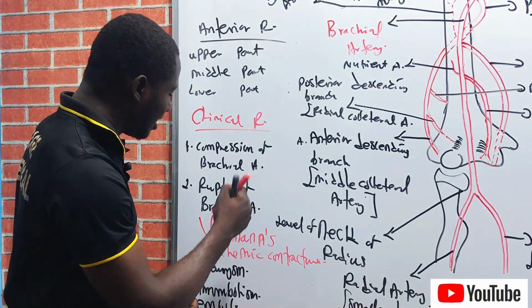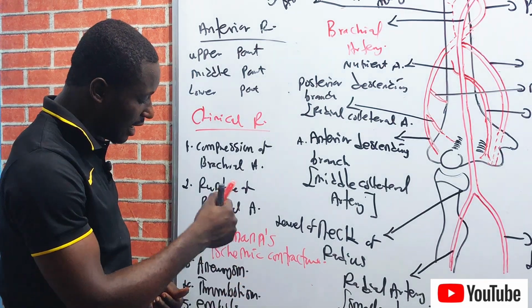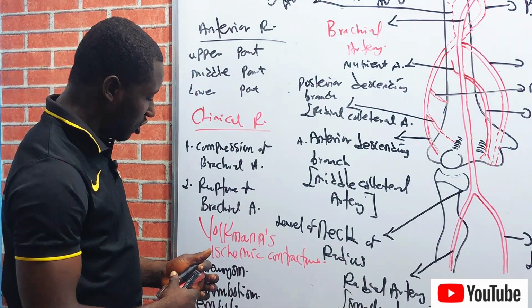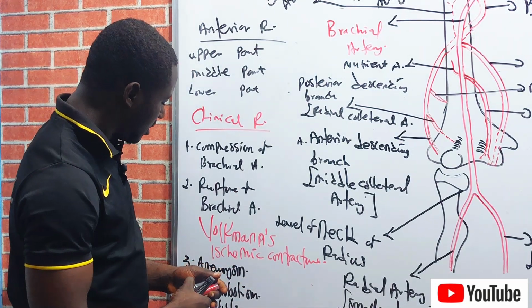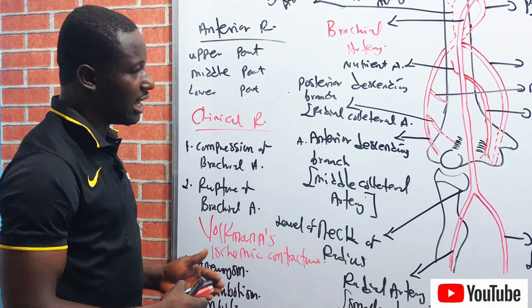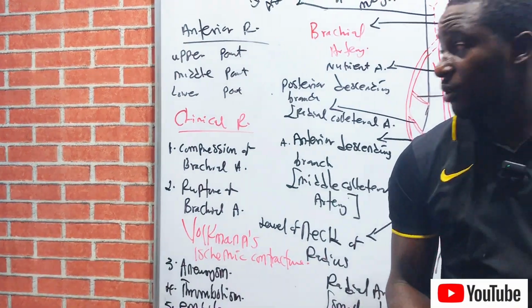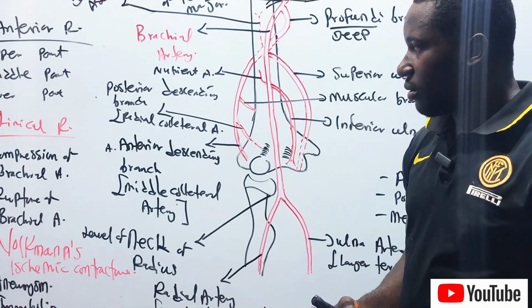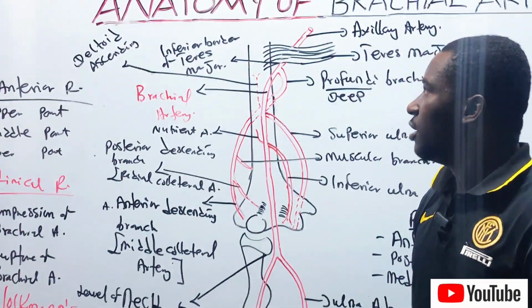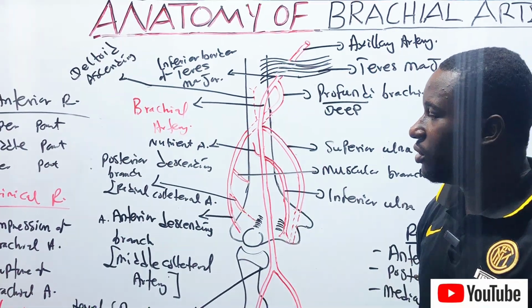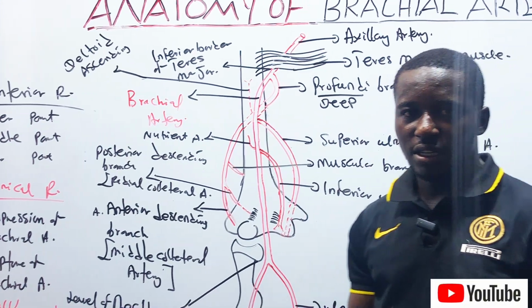Okay, so these are the clinical conditions that are associated with the brachial artery. Okay, I believe we have done justice to the anatomy of the brachial artery. We have discussed it from the introduction to the clinical relevance.